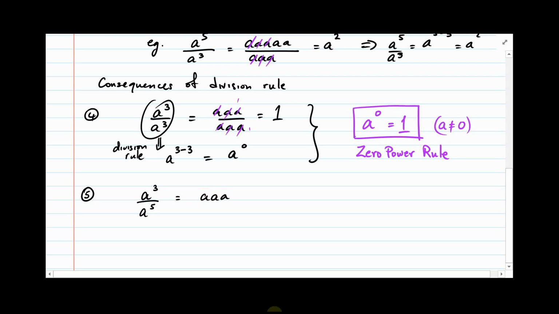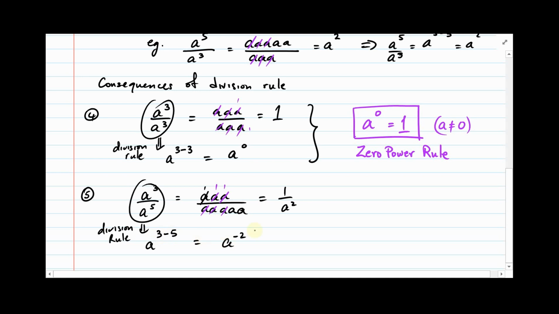If I go my long way and write this out, then this will reduce, and I will end up with 1 in the numerator and a squared in the denominator. However, if we look at the division rule, we are supposed to subtract the exponents. I get a to the minus 2.